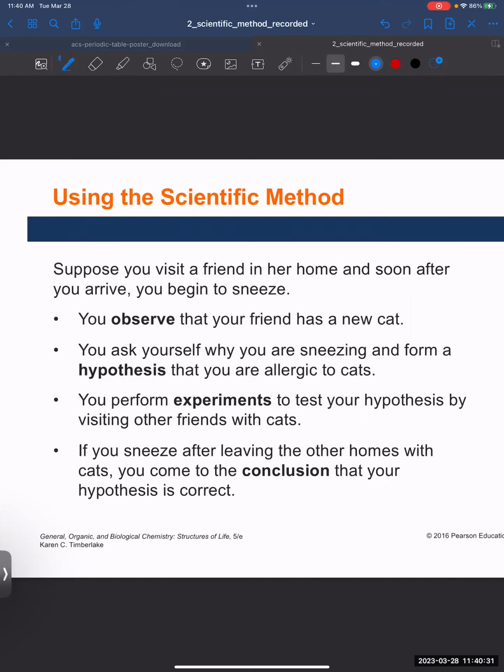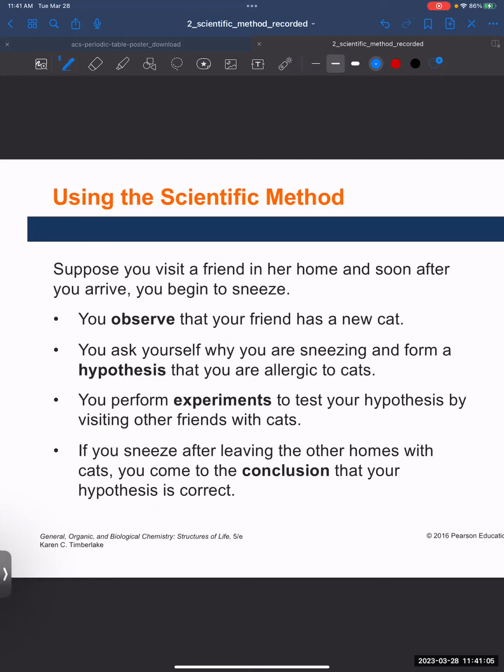You perform experiments to test your hypothesis by visiting other friends with cats. And if you sneeze after leaving the other homes with cats, you come to the conclusion that your hypothesis is correct. And as I alluded to earlier, I did have this situation happen in second grade when I visited one of my friends who had a cat, and I had never been around cats before. And soon, through the scientific method and talking with my mom, we discovered that I have an allergy to cats.